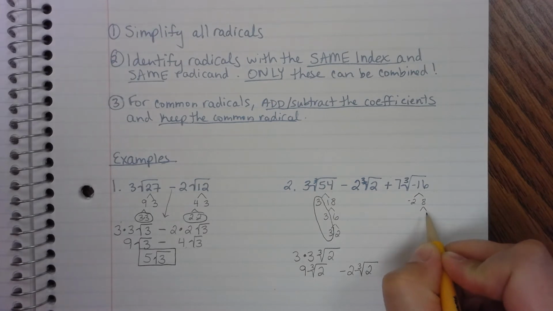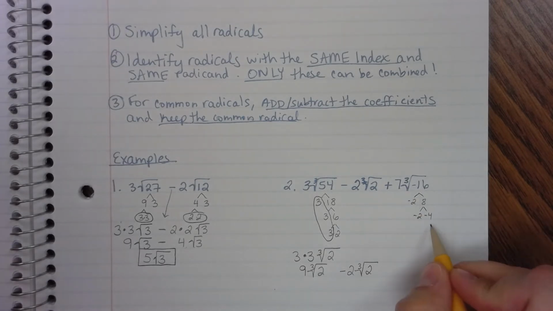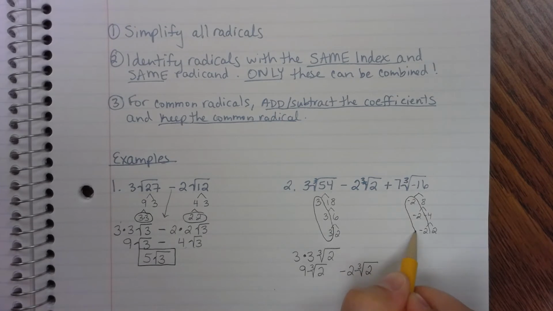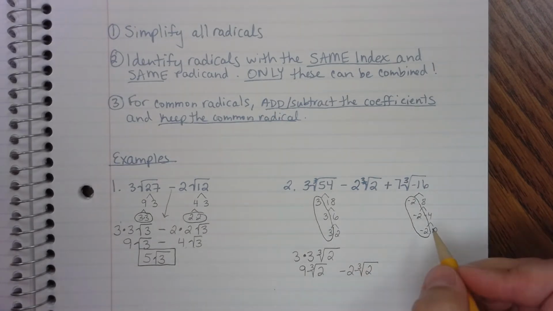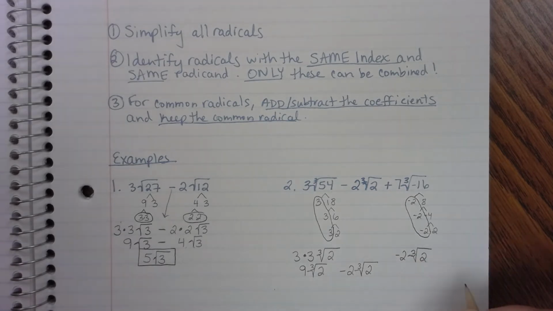And 8 is actually going to be negative 2 times negative 4, because I need that negative 2. And negative 4 is negative 2 times a positive 2. So here's my 3 negative 2's that I'm looking for. And so what comes on the outside is that negative 2, and the positive 2 stays in.